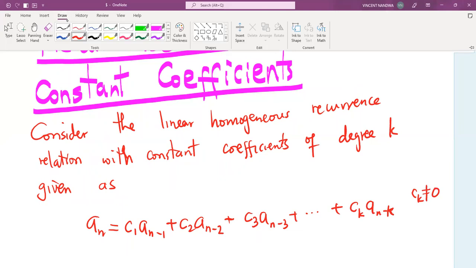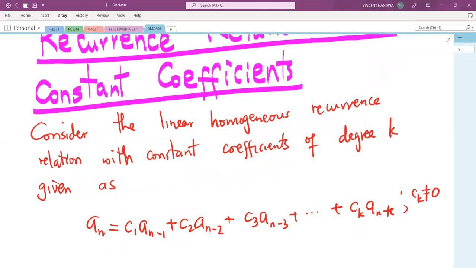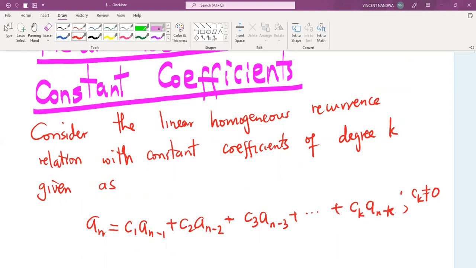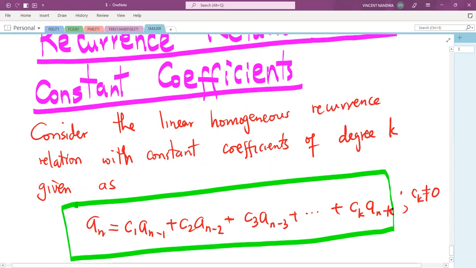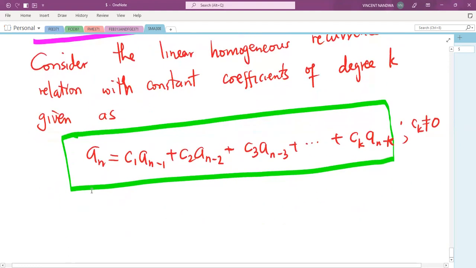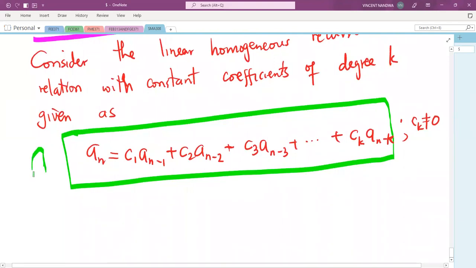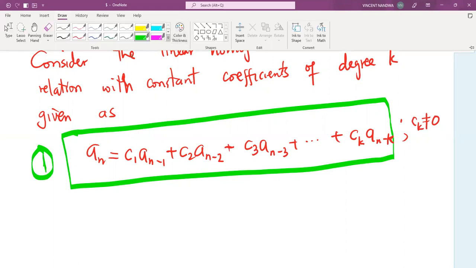So this is the equation whose solution we would like to discuss in this session. Now, let's call this equation 1. So to solve equation 1, we assume that 1 has a solution of the form a_n equals r^n.